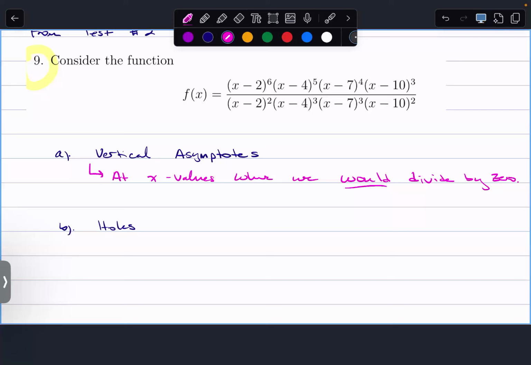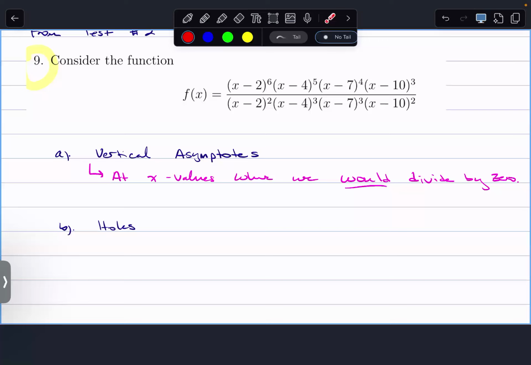But we see that there are kind of common x minus 2s to the power of 6 and to the power of 2, x minus 4, x to the 7, x to the 10, right? And so what we're going to do is we're going to simplify this first. Okay? And so anything that cancels from the denominator doesn't make a vertical asymptote, but anything left over that doesn't cancel would be a vertical asymptote.